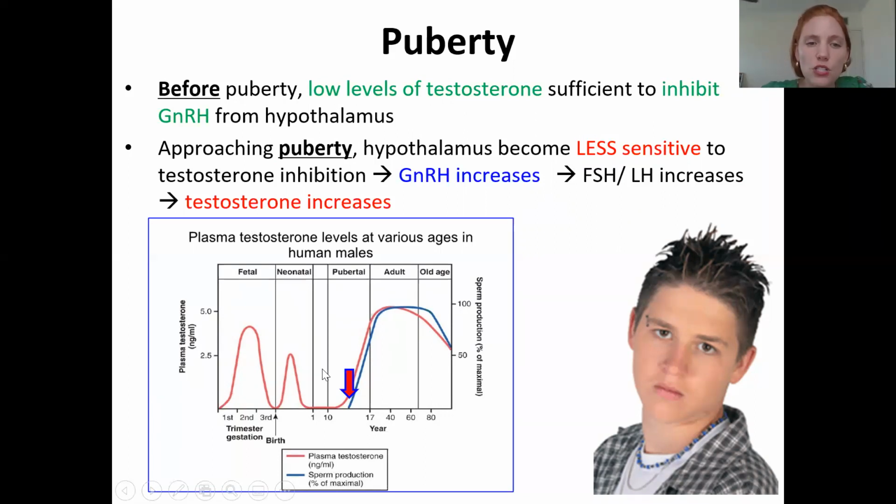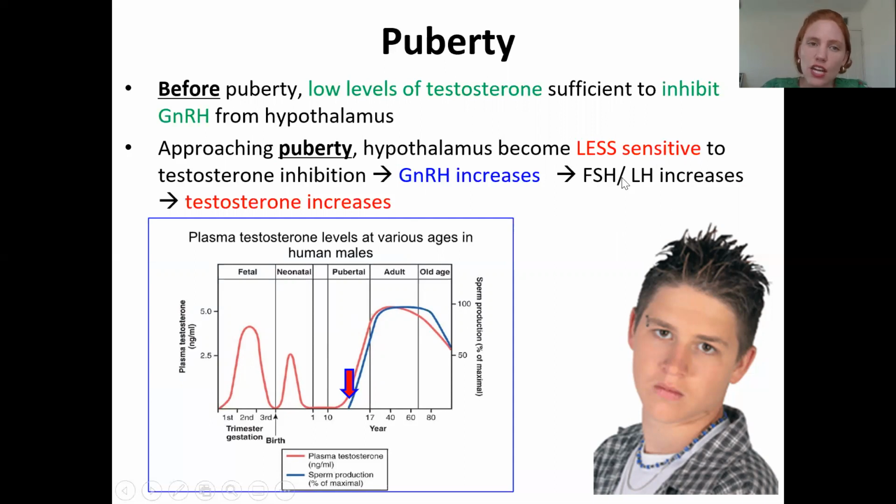And so what happens during puberty? During puberty, the hypothalamus loses some of that sensitivity to the testosterone. So if the hypothalamus is less sensitive to testosterone, that's going to result in an increase in gonadotropin-releasing hormone, which would result in an increase of both of the gonadotropins, FSH and LH.